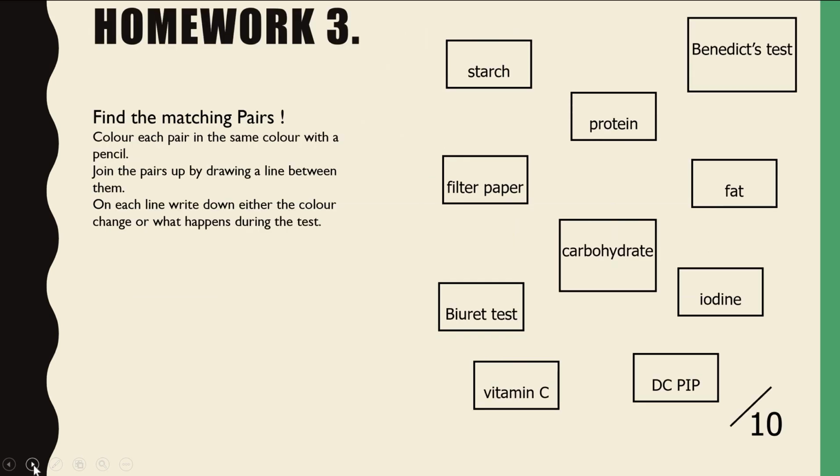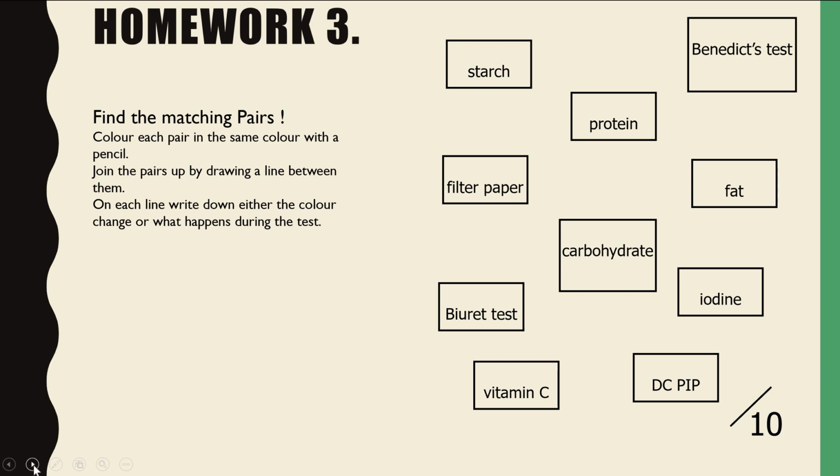Lastly then for today, by the next lesson that you have, I would like you to complete homework 3. Now, I just want to make sure that everyone's clear on what they need to do on homework 3, because people often don't read all of the instructions and only end up with half the marks. So you have to follow these instructions carefully. So firstly, colour each pair in the same colour with a pencil.